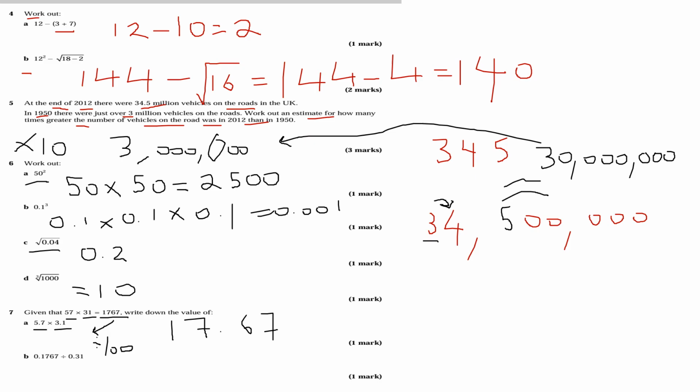Part B, guys, this one's slightly more tricky. It's not as obvious. Because I'm dividing by a decimal, my answer is going to be bigger. Let's think of it as 1767 divided by 31, which will give you 57. What have I done here?